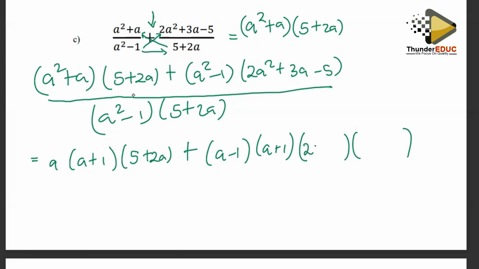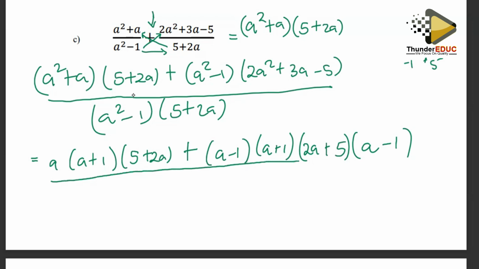That's 2a. This is going to be a. For me to get negative 5, I need 1 and a 5, but one of them needs to be a negative. Let me make this a positive and negative. If I make this a negative 1, and this is a positive 5, will it make sense? 2a squared minus 2a plus 5a, perfect, beautiful.